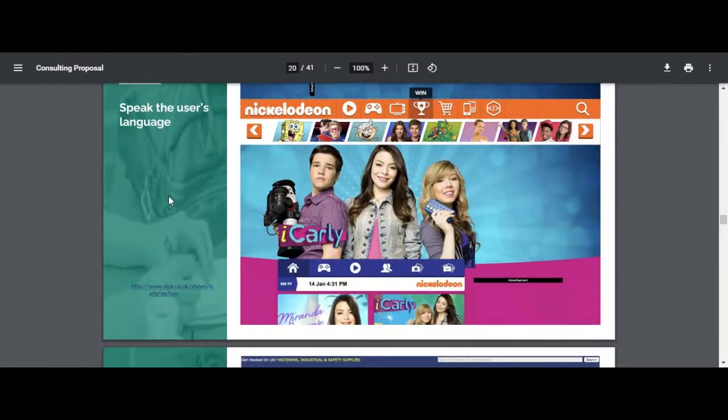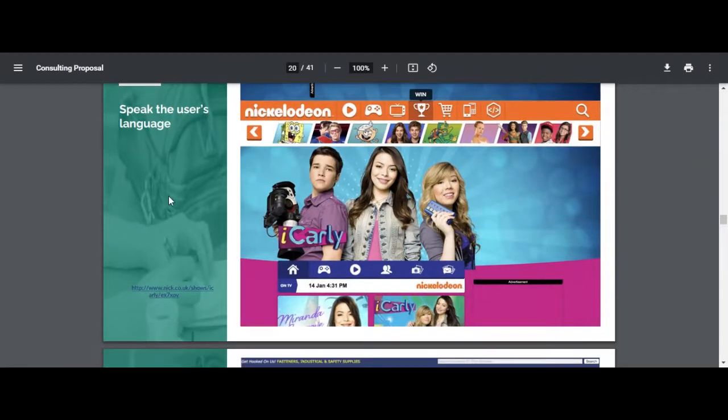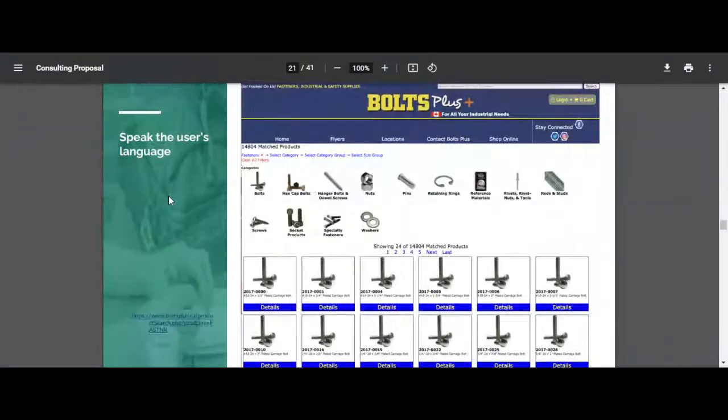Speaks the user's language. Okay, so wow, Nickelodeon. I've never heard of this site, but there is a navigation, and they only use icons. So if you feel like you want to explore and find out more, it looks like it's one that Sarah spent some time on, probably because there are some big issues on it too.